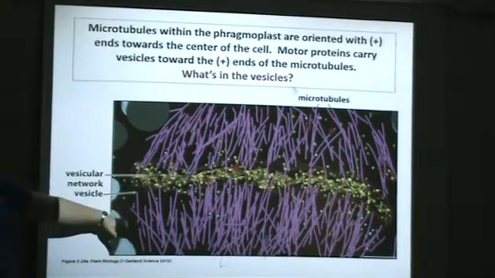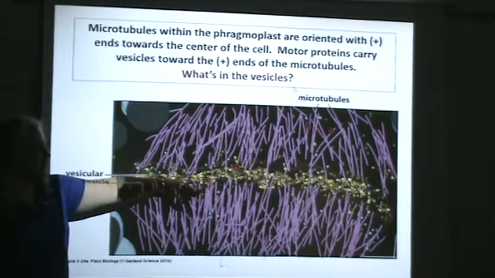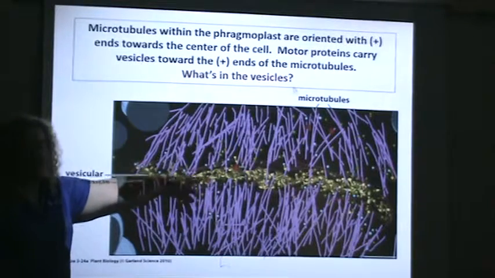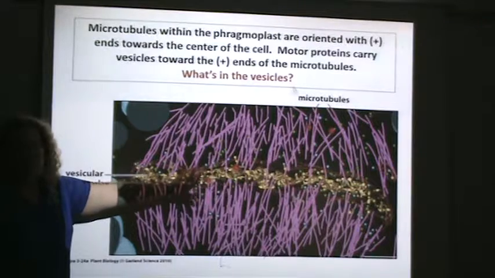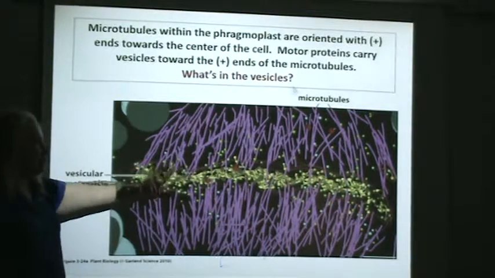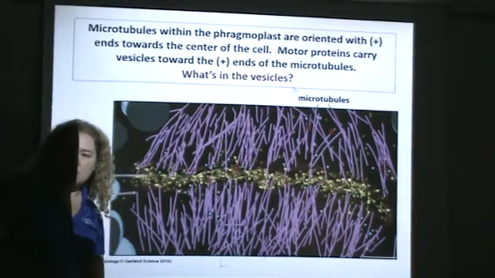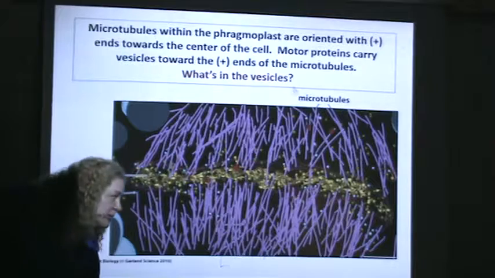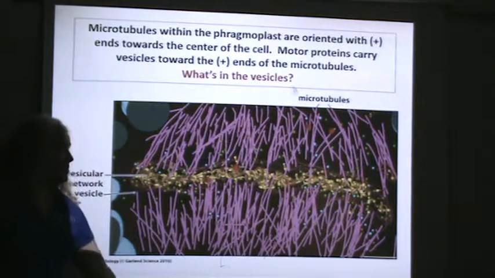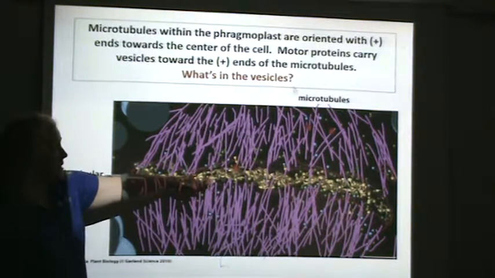The reason that the vesicles come here is that they move toward the plus end of microtubules. If you haven't covered plus and minus ends, that's a cell biology topic, and we'll get there in about a month. But microtubules have a polarity to them. So you can travel from minus, which is usually at the start of the microtubule, over to plus, which is at the end.